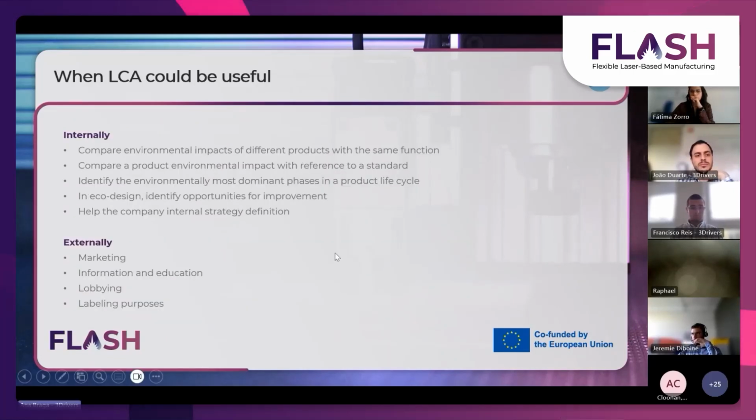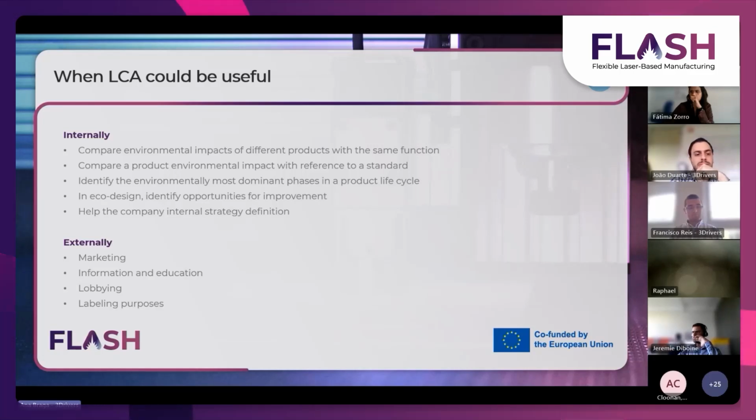When the LCA can be useful, it can have two purposes: internal analysis or external use. Internally, it can be important to compare the environmental impacts of different products with the same function, or to compare a product's environmental impact with a reference standard.